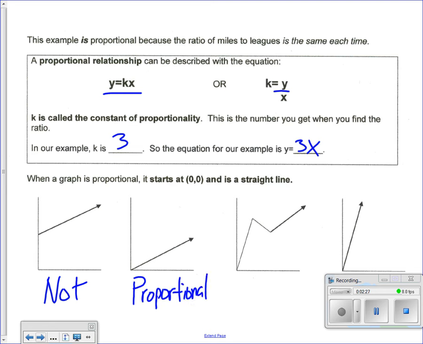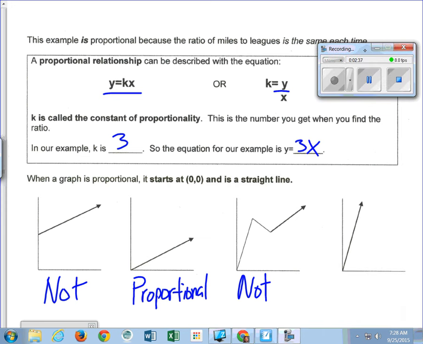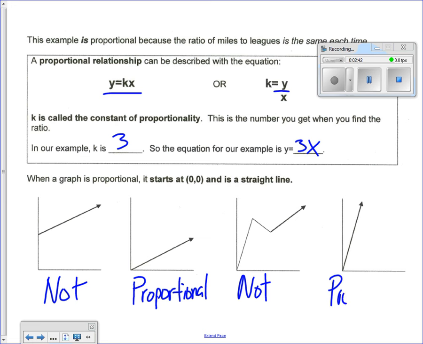And then the third starts at 0, 0, but it's not a straight line, so it is not proportional. And finally, the last starts at 0, 0 and stays in a straight line, therefore it is proportional. It has to meet both criteria to be proportional.